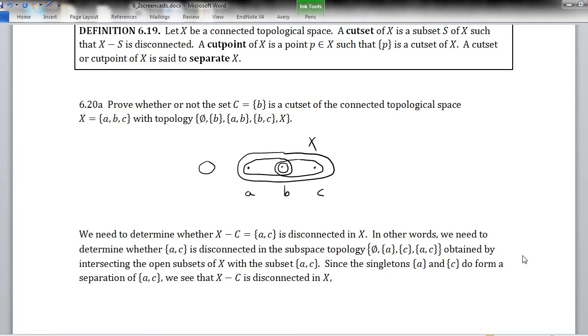And so, by definition, our set C is a cut set of X. Okay? And another way to say that is that the point B is a cut point of X.